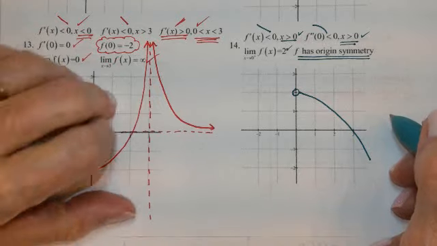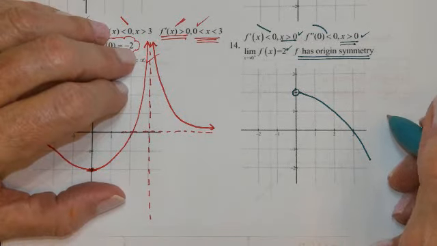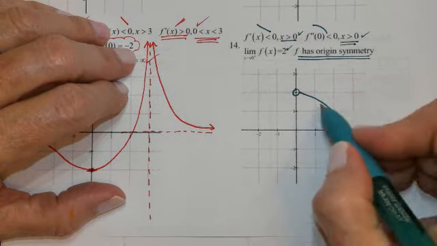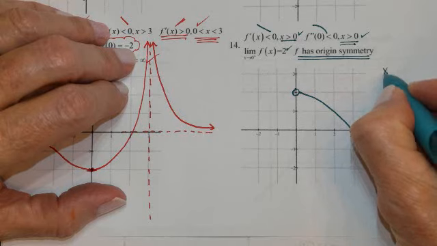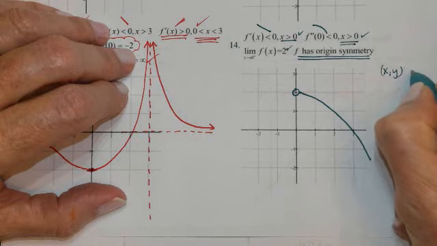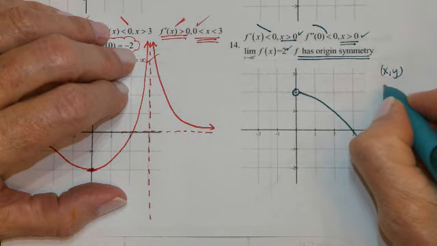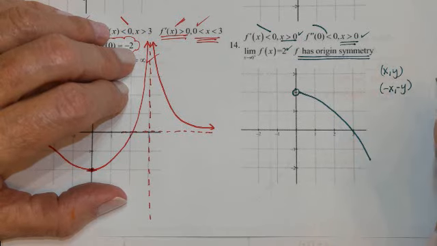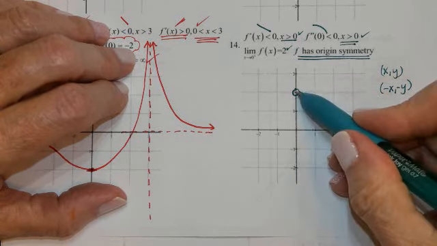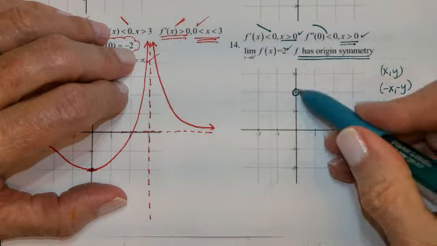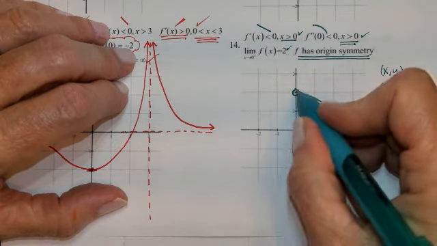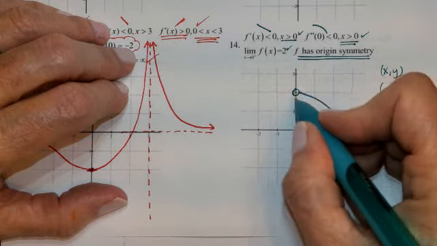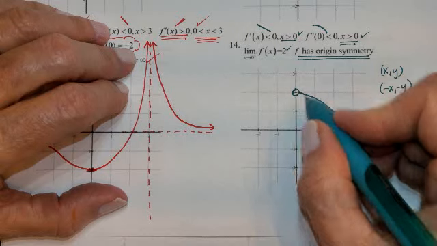So what does origin symmetry mean? Well, origin symmetry means that every point (x, y) on the graph also has the point (negative x, negative y) on the graph. So it's reflected through the origin. So this value here that we don't know, maybe we touch, maybe we don't.